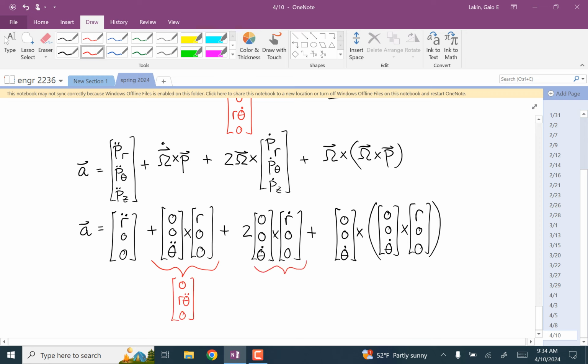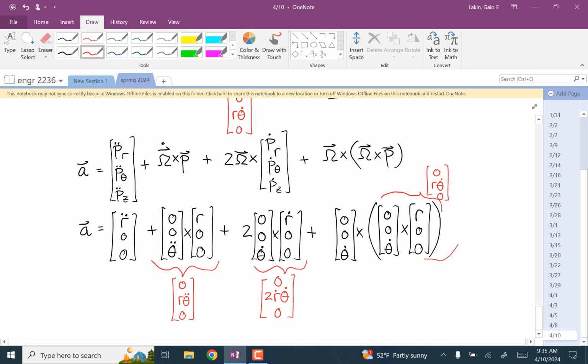This one comes out to be 0, 2 r dot theta dot, 0. This one is 0, r theta dot, 0.